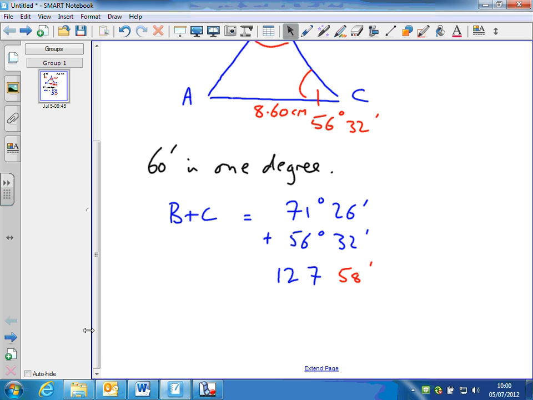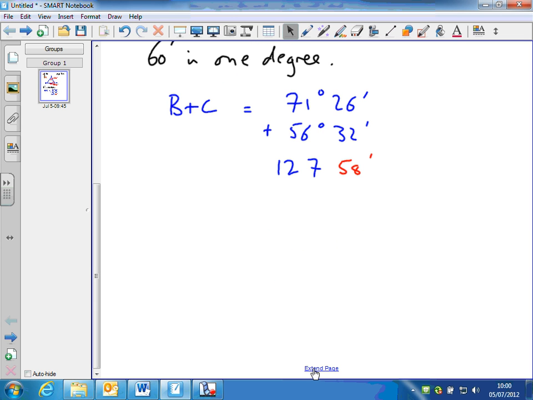And now we need to find out what the missing angle is. So 180 degrees minus that. To get from 127 degrees 58 minutes to 180 degrees, what I would do is add 2 minutes to get to 128 degrees.